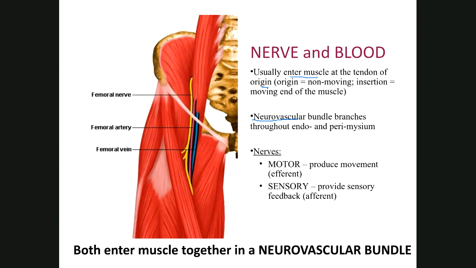We've talked about before how nerves could either be motor, efferent, or sensory nerves, and they enter together called the neurovascular bundle. You can see this grouping here is called the femoral artery, nerve, and vein. When we reach this area, this mnemonic is called VAN.